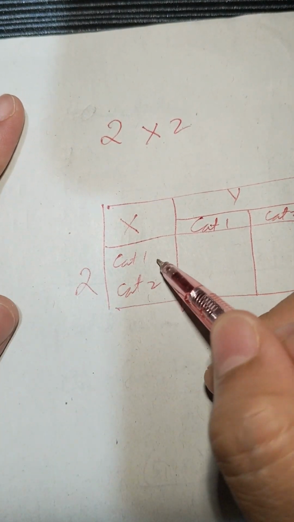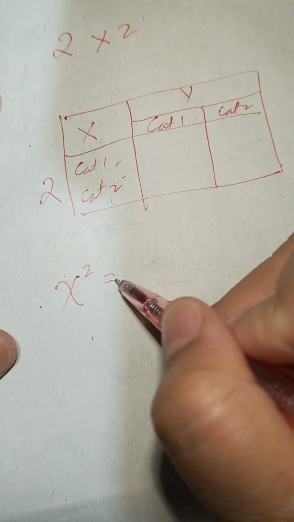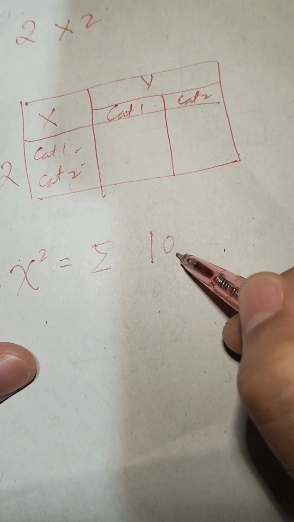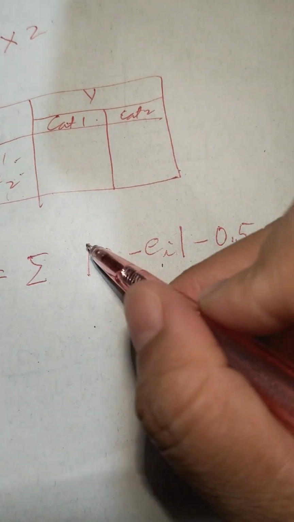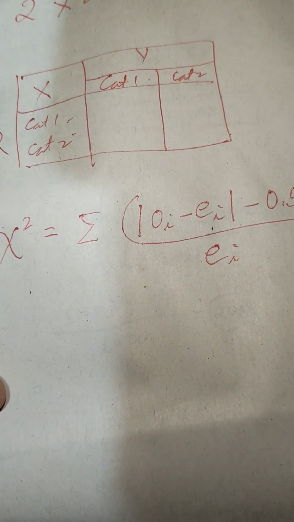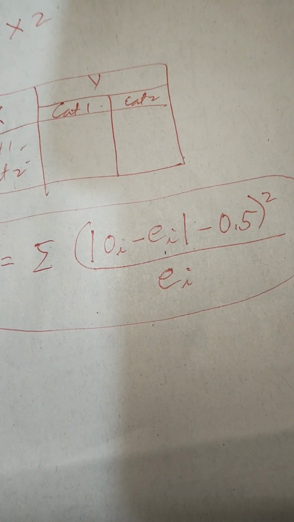Your chi-square statistic is this one: take the absolute value of the observed minus the expected, then subtract 0.5, square it, all over the expected value. This is a special case if we have a 2 by 2 table.